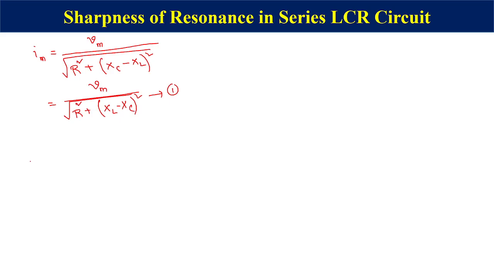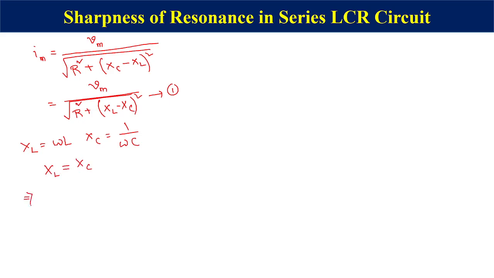Now I hope we remember that XL is the inductive reactance, which is given by omega L, and XC is the capacitive reactance, which is given by 1 upon omega C. Omega is the driving frequency, and by resonance we mean that whenever the driving frequency matches up with the natural frequency of oscillation of the circuit, we get a resonance condition. The condition of resonance is that XL must be equal to XC.